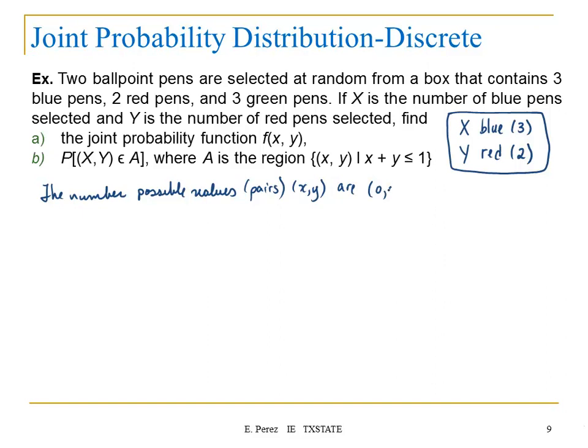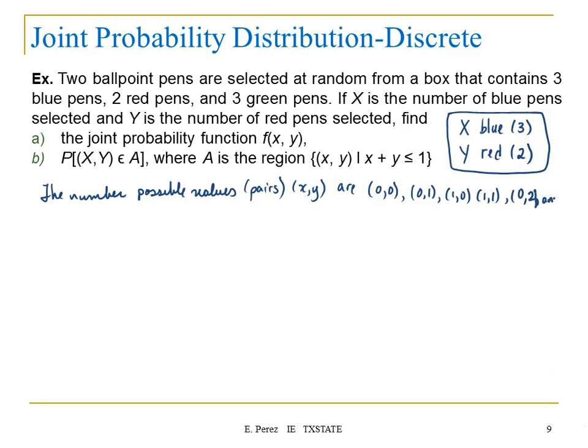We can have 0 and 0 for each random variable. We can have 0 and 1. We can have 1 and 0. We can have 1 and 1. We can have 0 and 2.